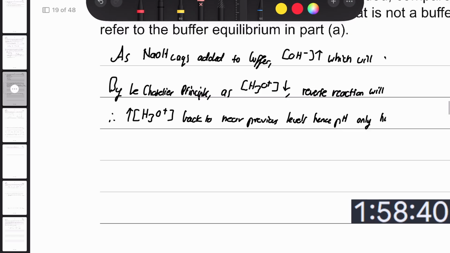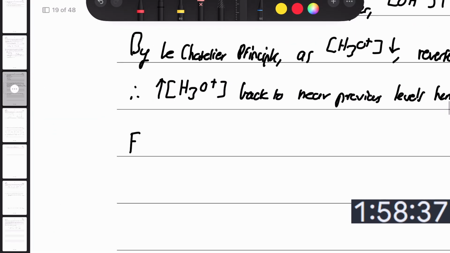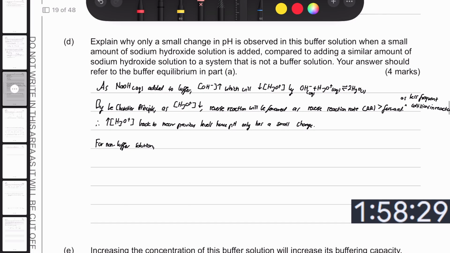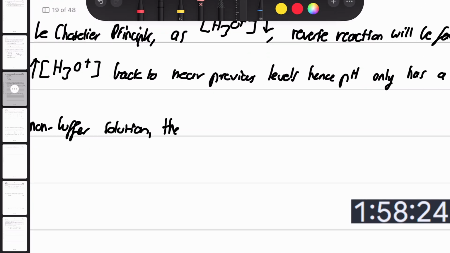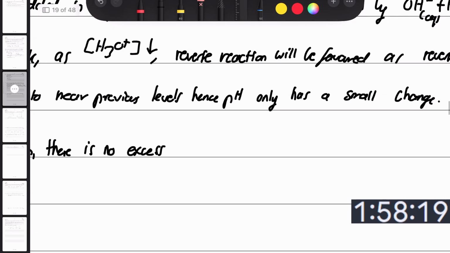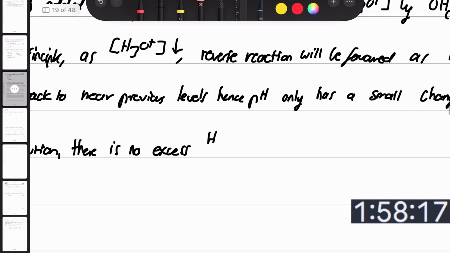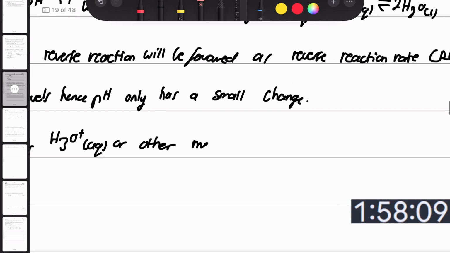Okay, and then for non-buffer solution, there is no mechanism, there is no excess H3O plus or other mechanism to remove OH.